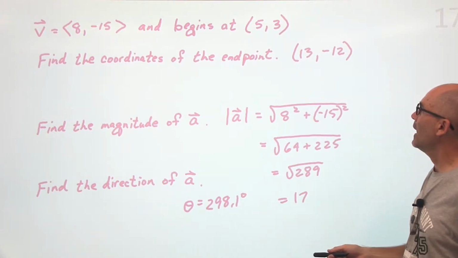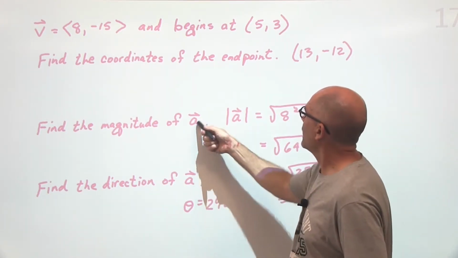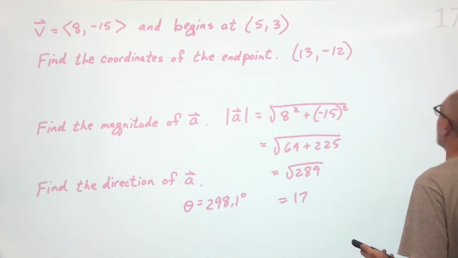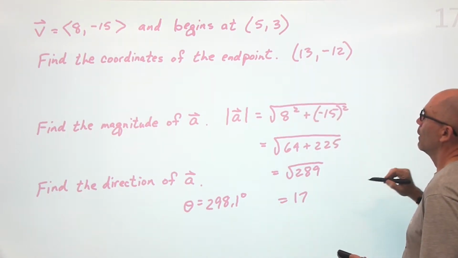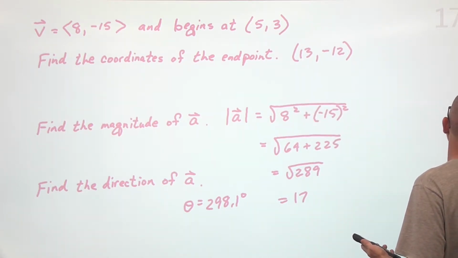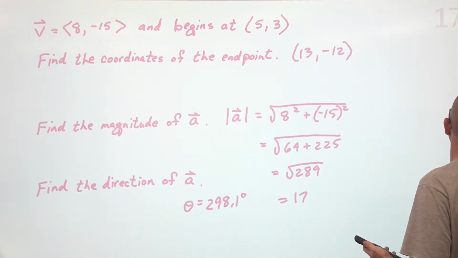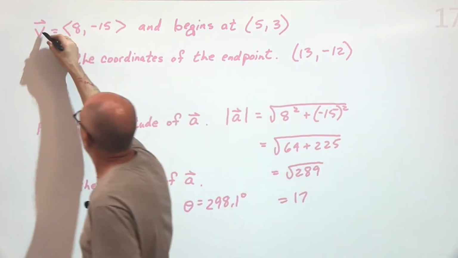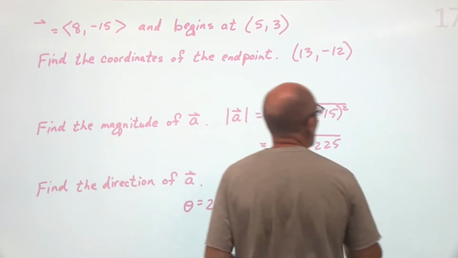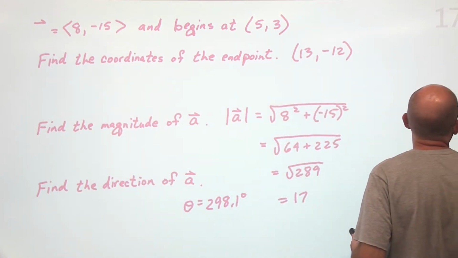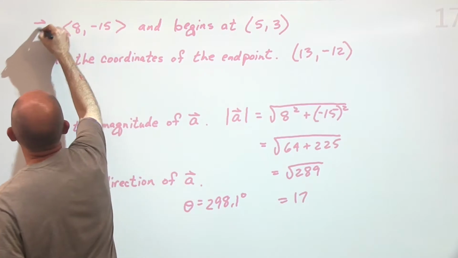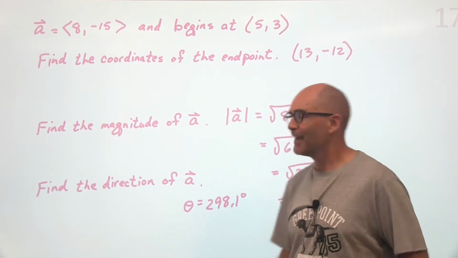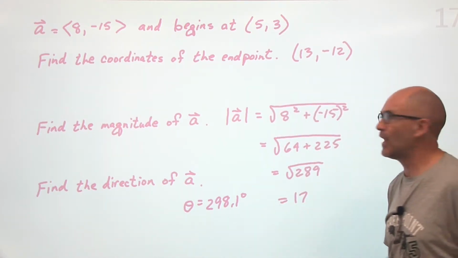So we could describe vector V. Oh, I keep calling this vector A. We called it vector V up there. So watch the magic. Okay, all this time we thought we were talking about vector V, we're actually talking about vector A. Okay, see, there's more than one use for that sound effect.